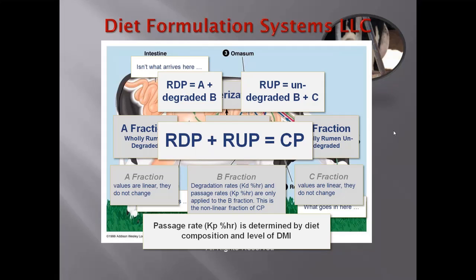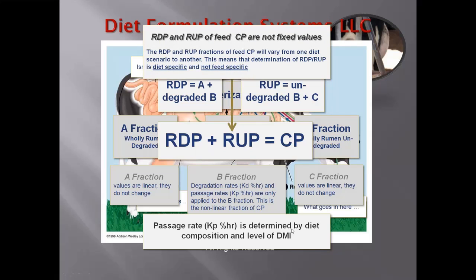The B fraction is affected and is described within the model in terms of degradation rates and rates of passage. This is an important point because the passage rate is determined within the model by diet composition and level of dry matter intake, and these two are interactive. But the important point here is that passage rate is determined by diet composition. That means that RDP and RUP in any given feed are not fixed values.